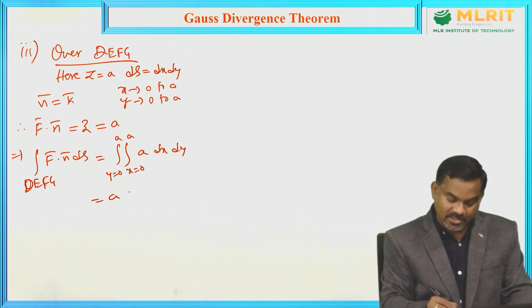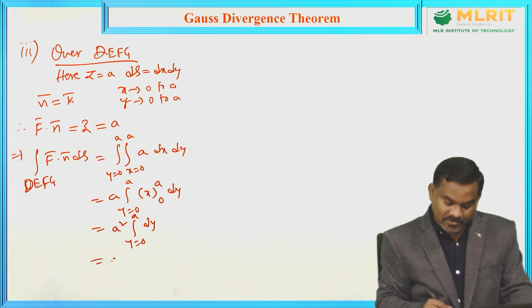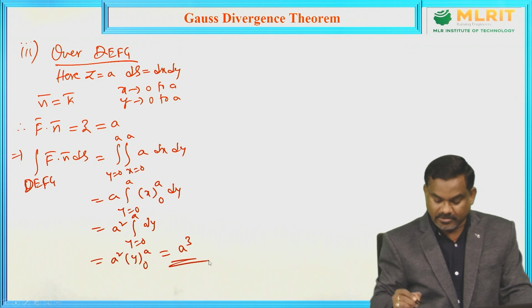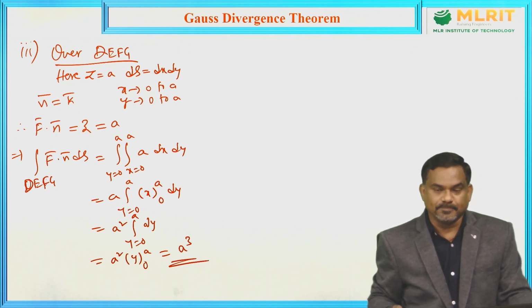So a is a constant; y from 0 to a, integral dx is x, limits are 0 to a. So the upper limit is a, so a square, and the last integration is with respect to y, integral dy is y. So a square into y from 0 to a. So finally we get the answer for the face DEFG, the surface integral is a cube.